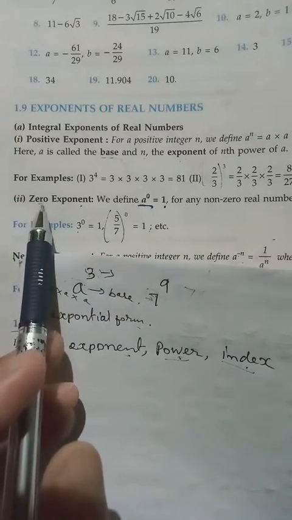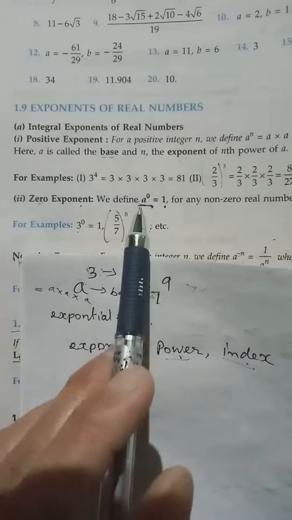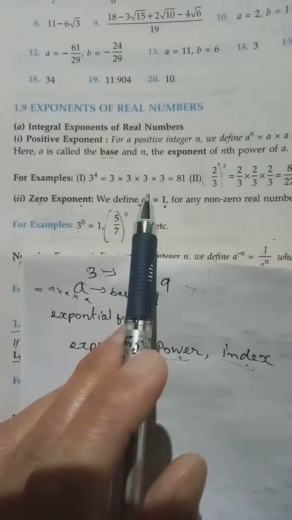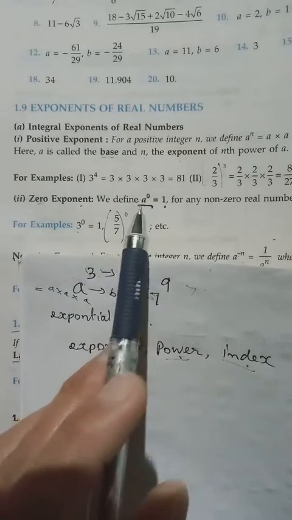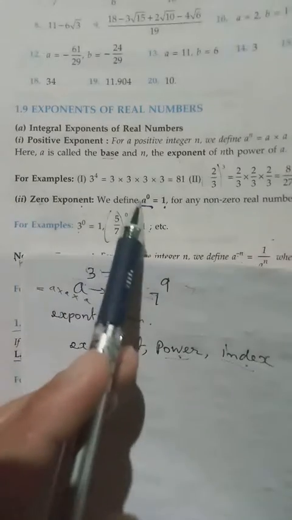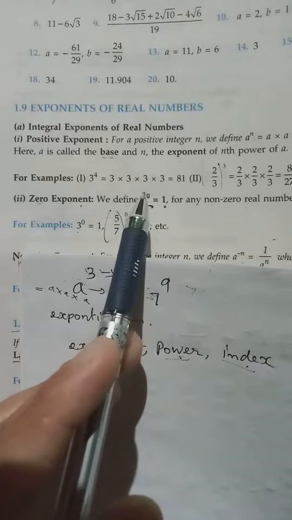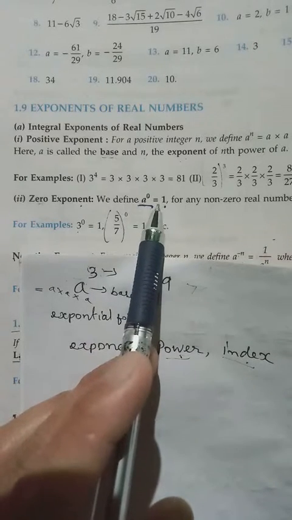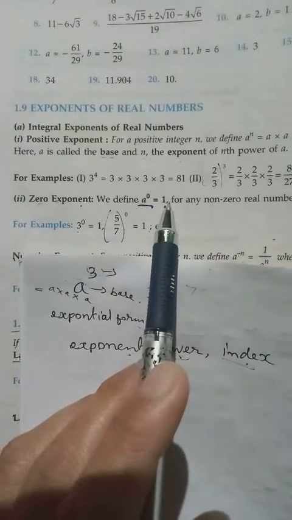We do have here even zero exponent also. When it is zero exponent, that means the power is 0. We write it as a to the power 0. That is why they say zero exponent means the power is 0. Remember we may have any alphabet, we may have any number, but if the exponent is equal to 0, the value of that particular base will be equal to 1.